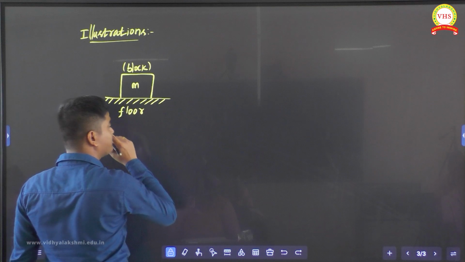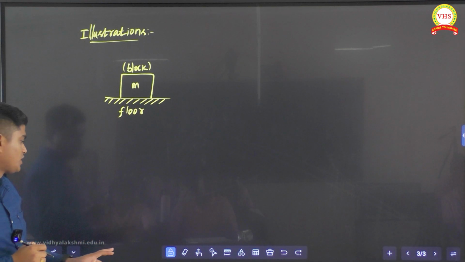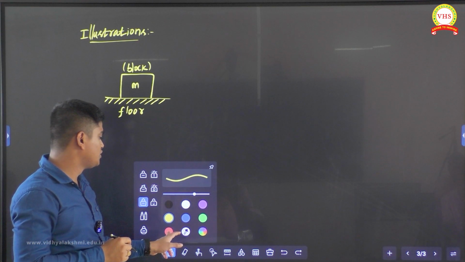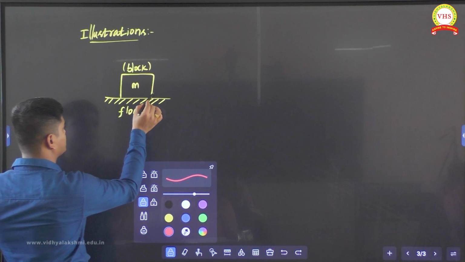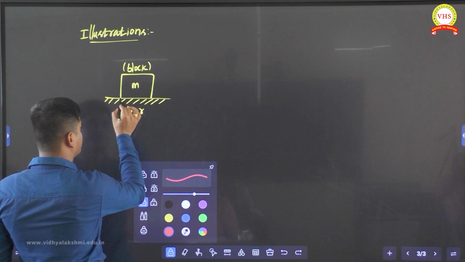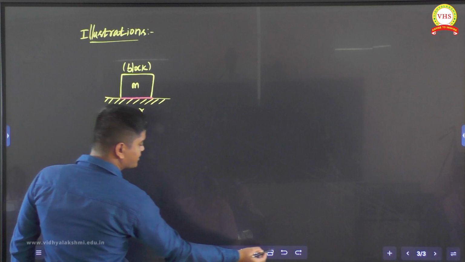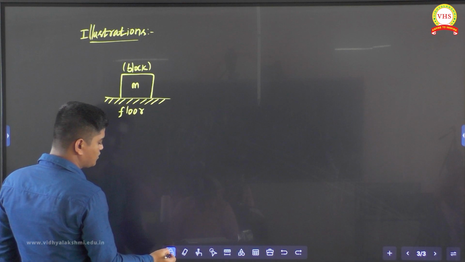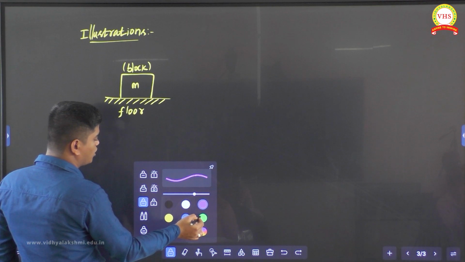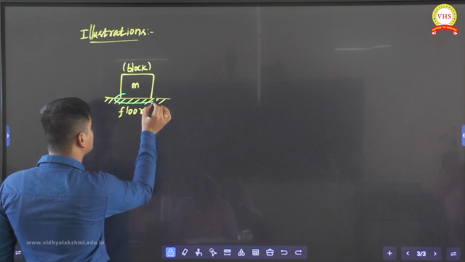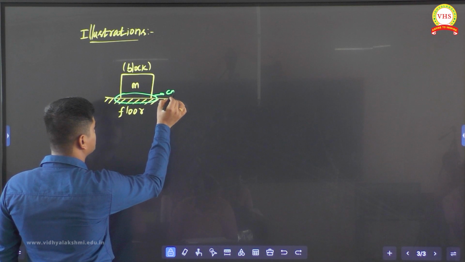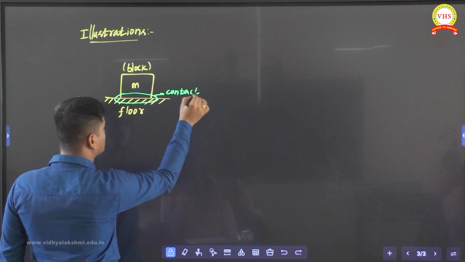This is mass M. Now what is happening here? Here interlocking is happening. This is basically the contact surface. If I check this surface now, that is basically the contact surface. So this is your contact surface.